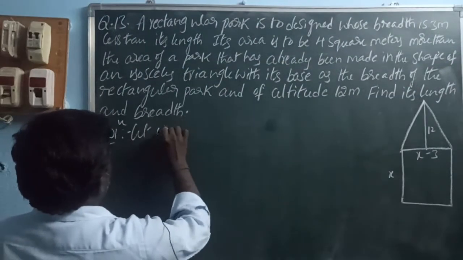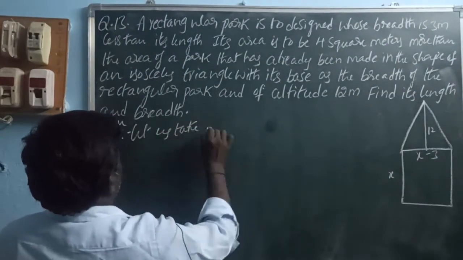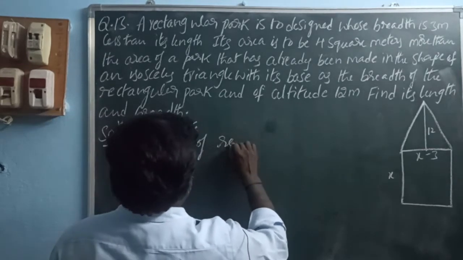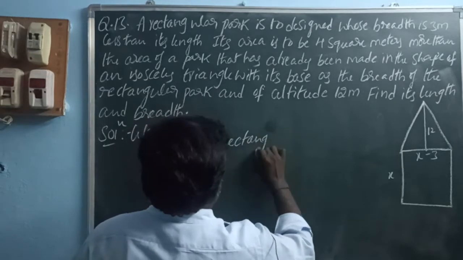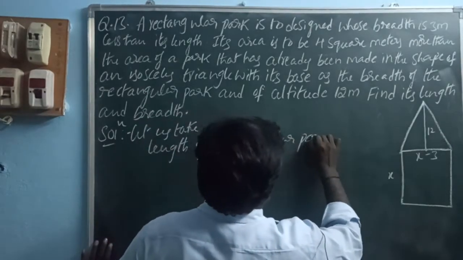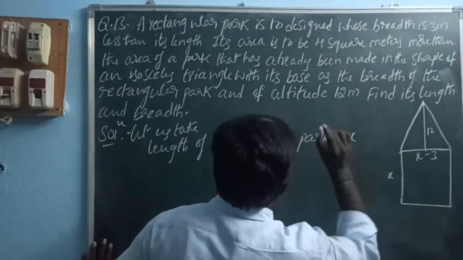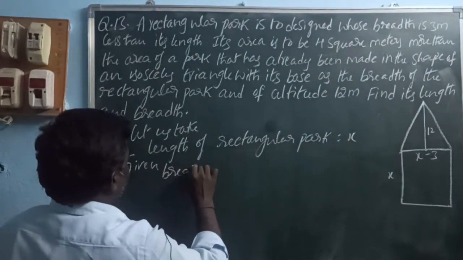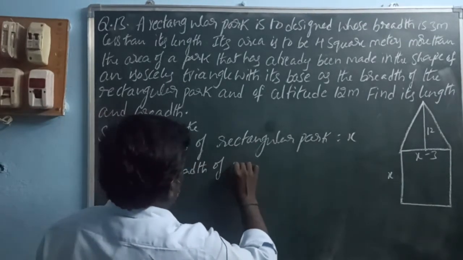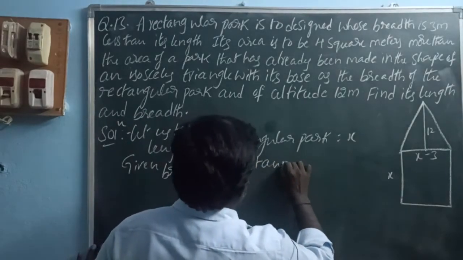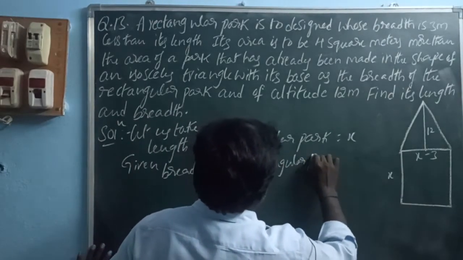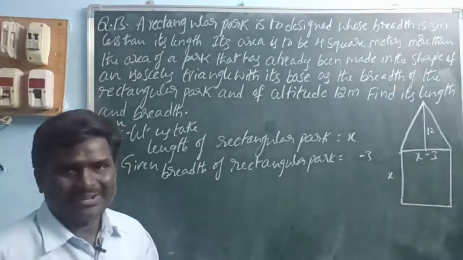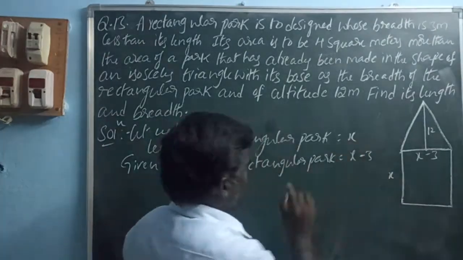Let us take the length of the rectangular park as x. The breadth of the rectangular park is 3 meters less than the length, that is x minus 3.